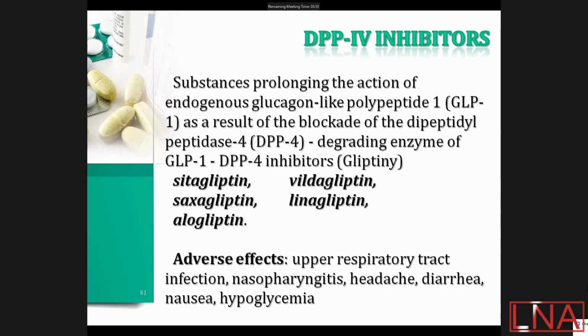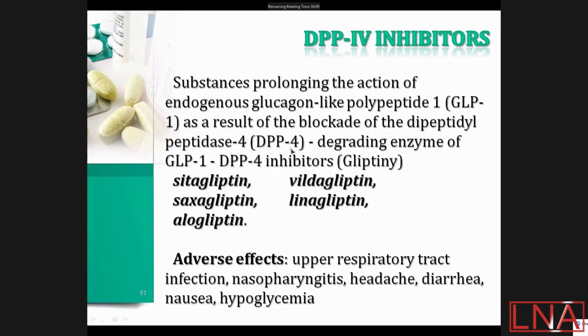One of the newest classes of drugs is DPP-4 inhibitors. First of all, you need to remember what DPP-4 is. It is dipeptidyl peptidase 4, a special enzyme that degrades GLP, glucagon-like peptide 1. This is an endogenous substance that influences glucose level.